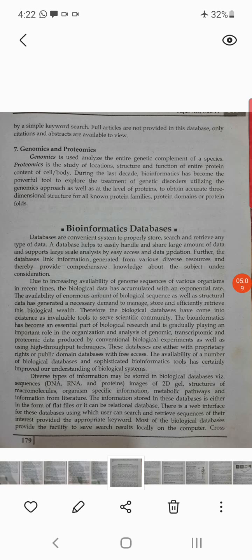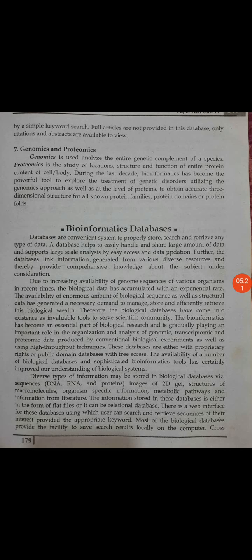But for that we require a bioinformatics database. When a database is there, then it is possible to build a bioinformatics center to get the knowledge about these genes and all these things.